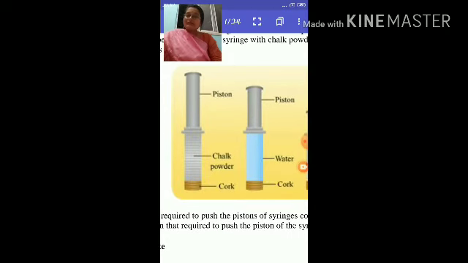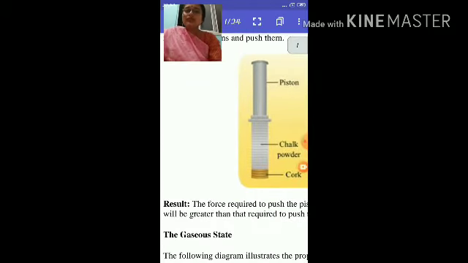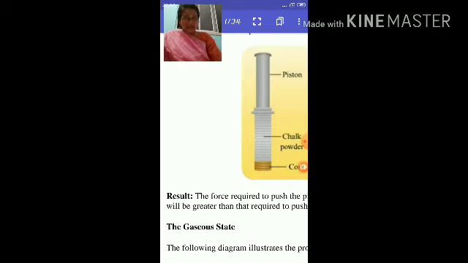And finally, the piston will be replaced and some pushing force is to be generated. It is the main procedure of this experiment. Now, what will be the result?